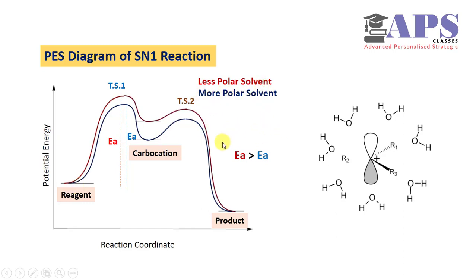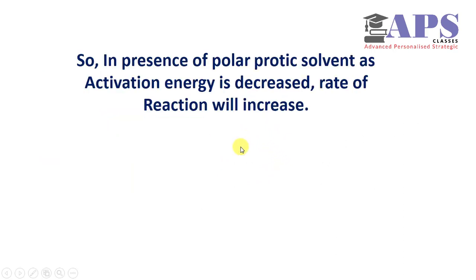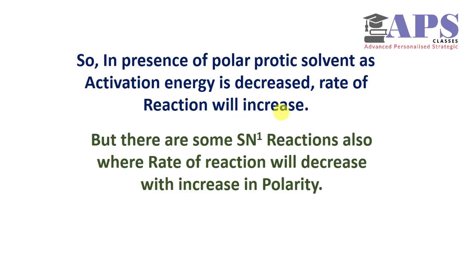If activation energy is less, the rate will be higher. So in presence of polar protic solvent, activation energy is decreased and the rate of reaction will increase. But I have told you that it's half the information. There are some SN1 reactions where the rate of reaction will decrease with increase in polarity.